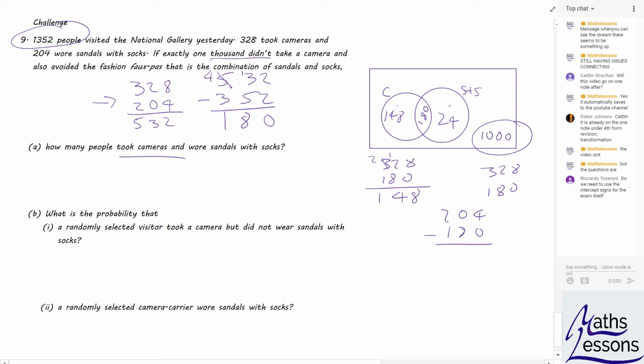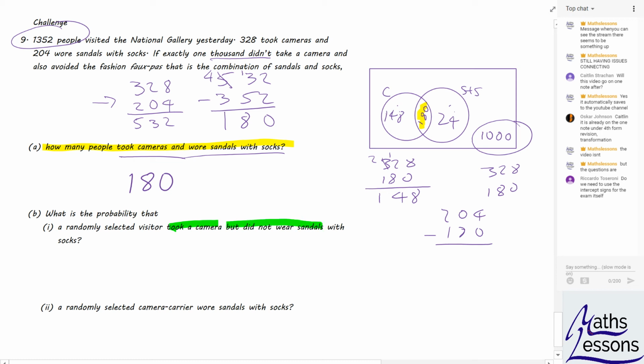How many people took cameras and wore sandals and socks? So that is the yellow bit here. So we know that that's 180. What is the probability that a randomly selected visitor took a camera but did not wear sandals with socks?